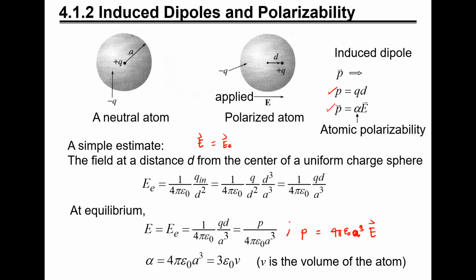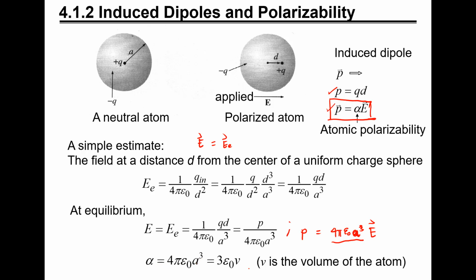Now, if we relate this to our equation p is equal to alpha times E, then comparing these two equations, we can say that alpha, the atomic polarizability, is equal to this constant. Okay, so you have alpha is equal to 4 pi epsilon naught a cubed.